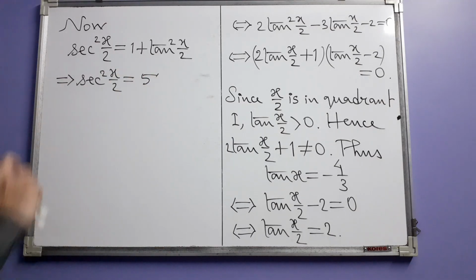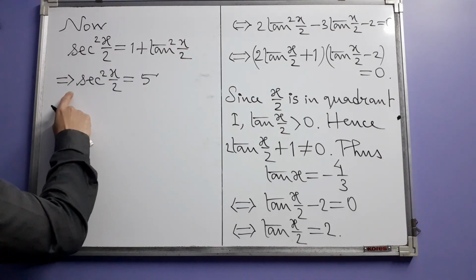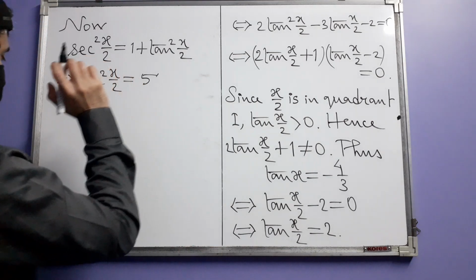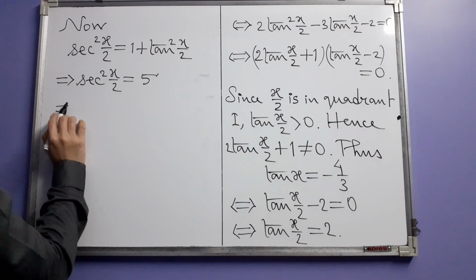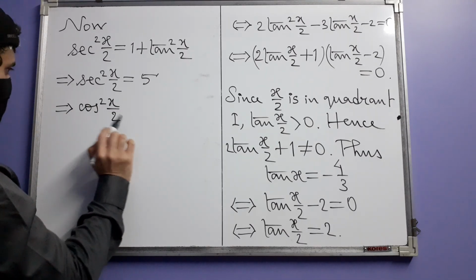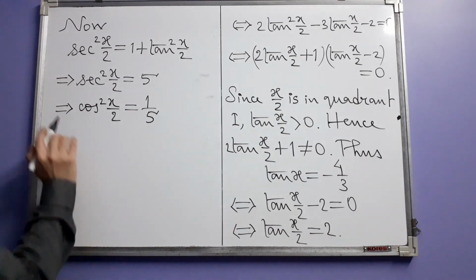We don't need that here. Here we have tan x over 2 value. We just want to know what secant x over 2 will be. So this is 5. This implies cos square x over 2 is 1 divided by 5.